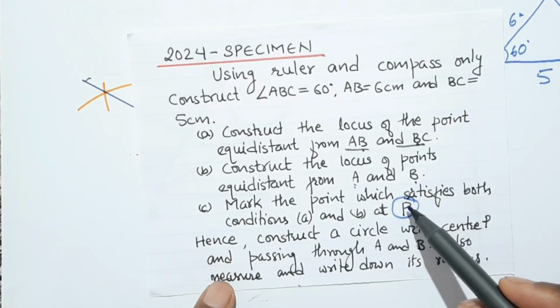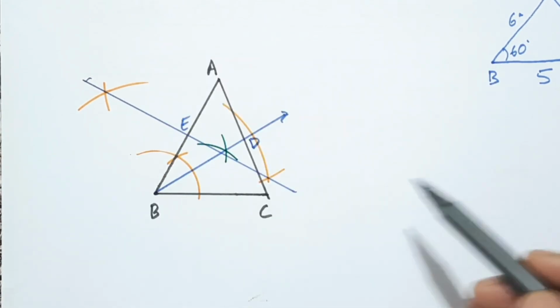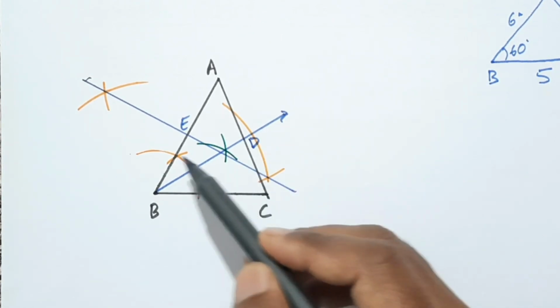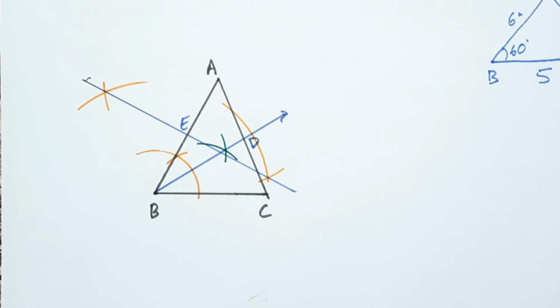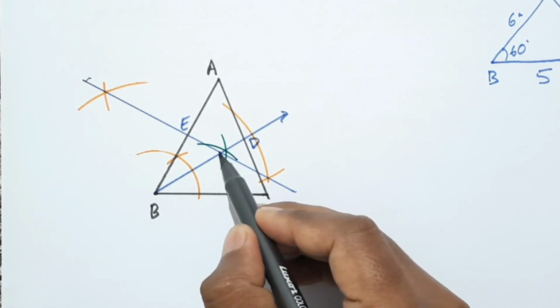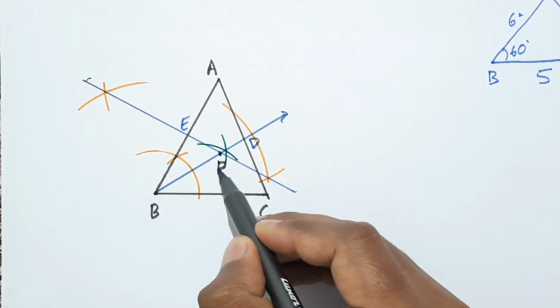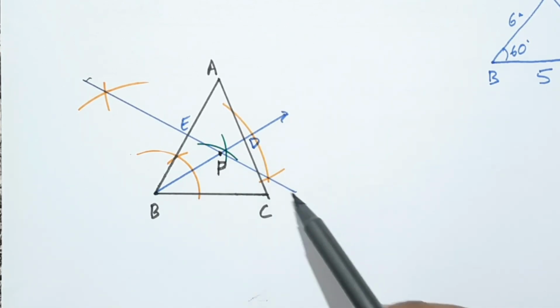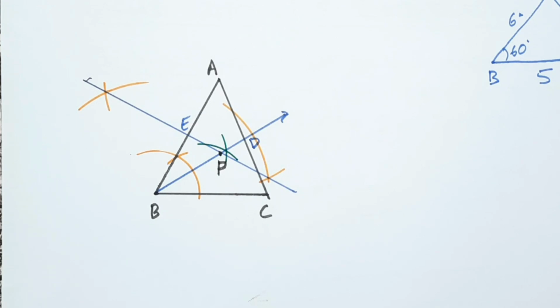Basically we have to mark the point P as the point of intersection of this angular bisector and perpendicular bisector. This is the point P, which is equidistant from AB and BC as well as from points A and B.